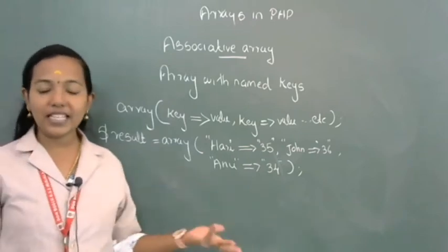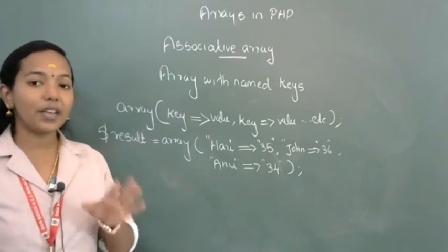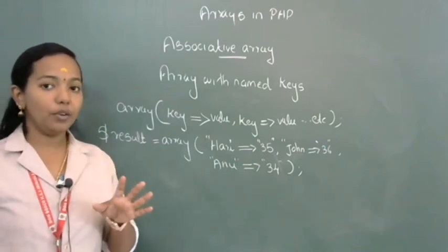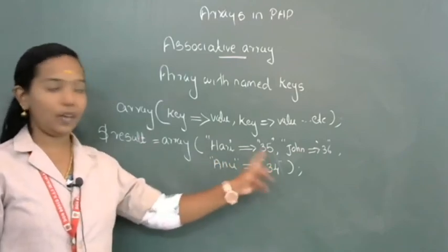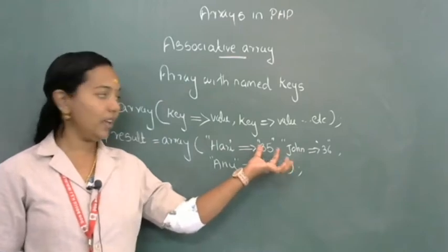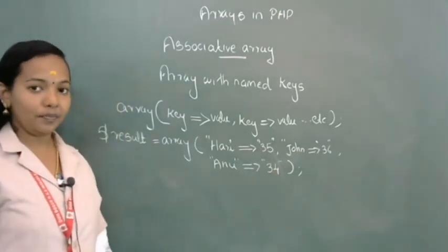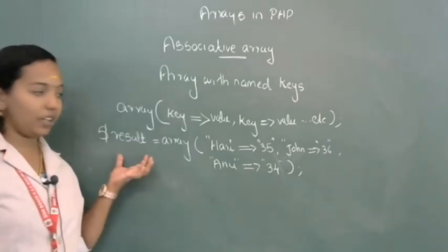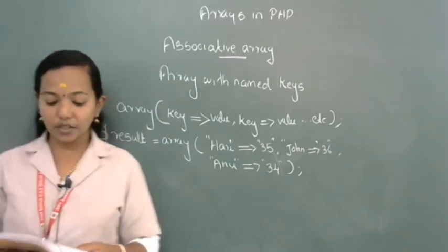By this we can easily identify it is not the indexed array. In an indexed array we only specify the value, we are not mentioning the name, but here name and also value. Here the student name Hari and marks of Hari 35, John, mark of John is 36. Then what is our array name here? Result.